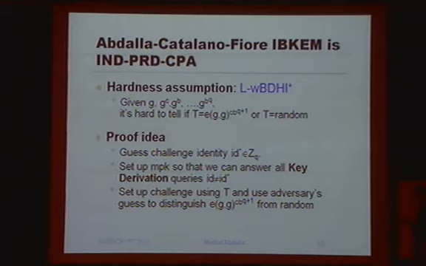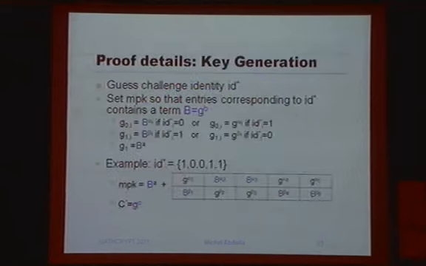The idea is the usual one. We're going to set up the public key so that we can answer key queries for ID different than ID star, and we're going to embed the challenge T into the challenge for the adversary, and then use that adversary to distinguish T from random. So how do we do this? The key generation.